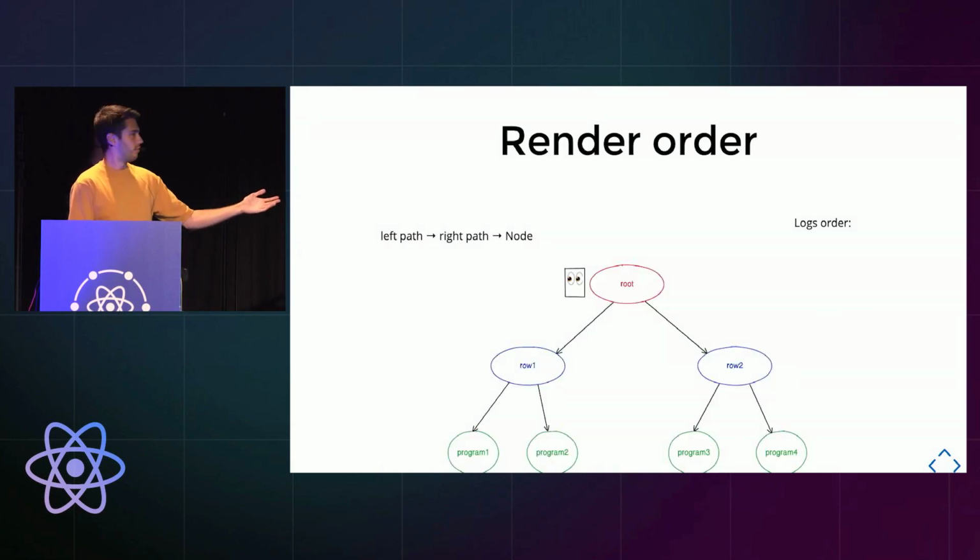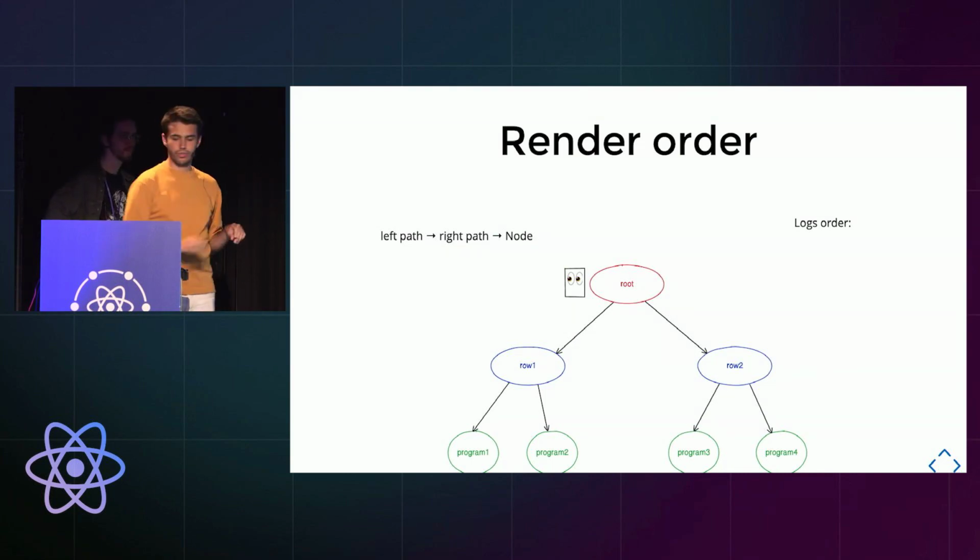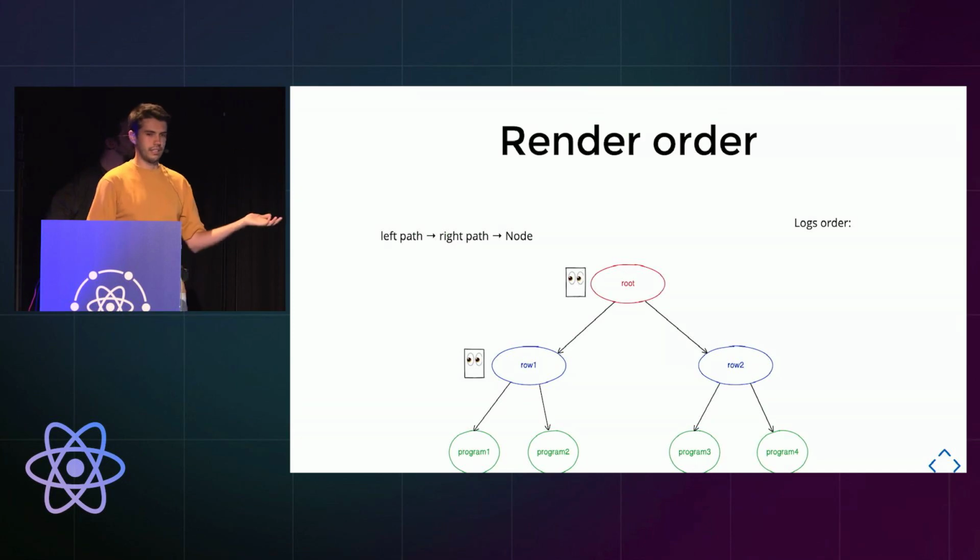So for our example, what it means is that it looks at root, but before executing root's code, so before logging the root effect, it will first look at the left path of root, which is row 1. And it's recursive, so same thing for row 1. Before logging effect row 1, it looks at the left path, program 1.